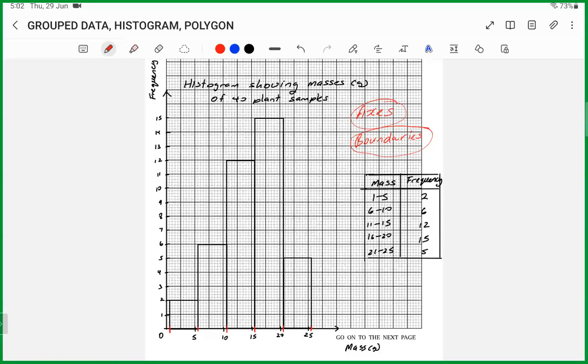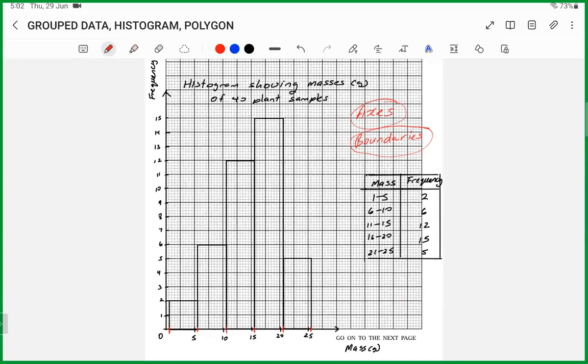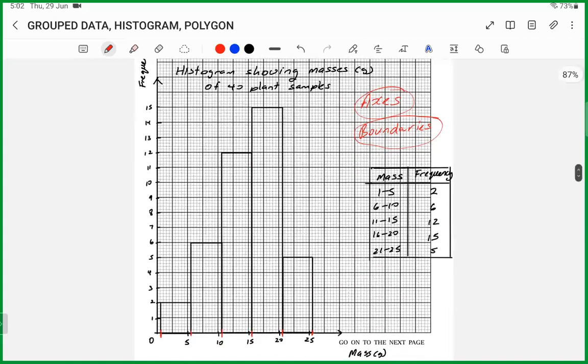The vertical lines, which tell you where you're going to draw the sides of the rectangles, are the boundaries, and then the heights of the rectangles are the frequencies. Now you can see I have the graph there, right? So the last step is to draw in your rectangles, okay? I have the table at the side there, so you can just refer to the table and go ahead. So draw in your rectangles now.